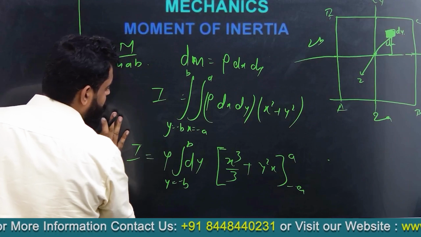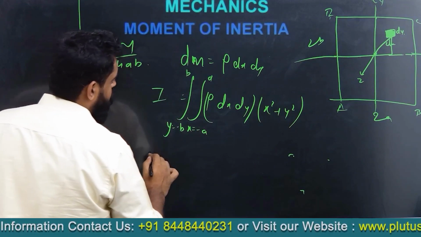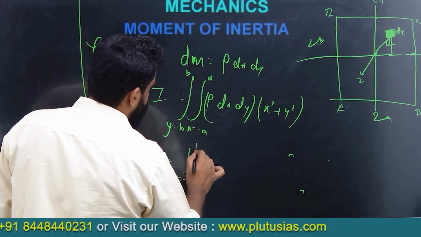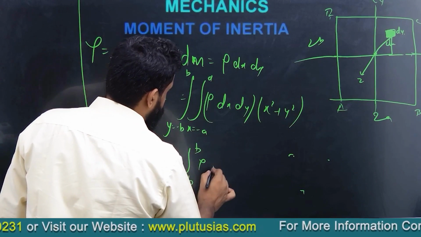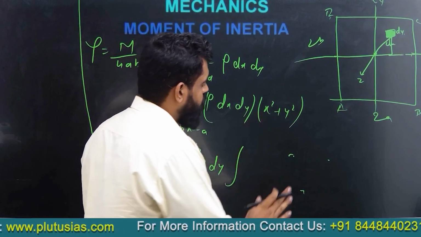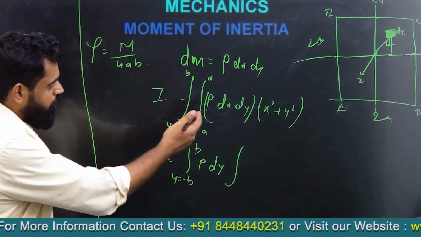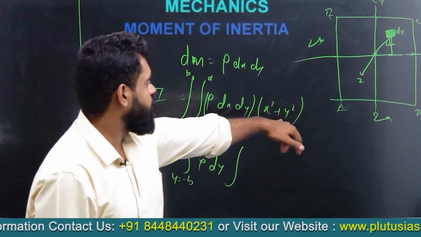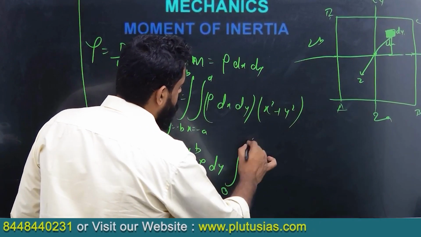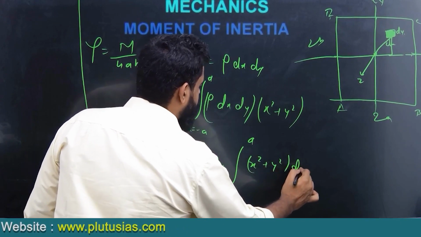Or an easier way would be, taking y from minus b to b, rho dy, and see that the function here is an even function. x square is also even, and y square. So we take 2 out and we take 0 to a, x square plus y square dx.